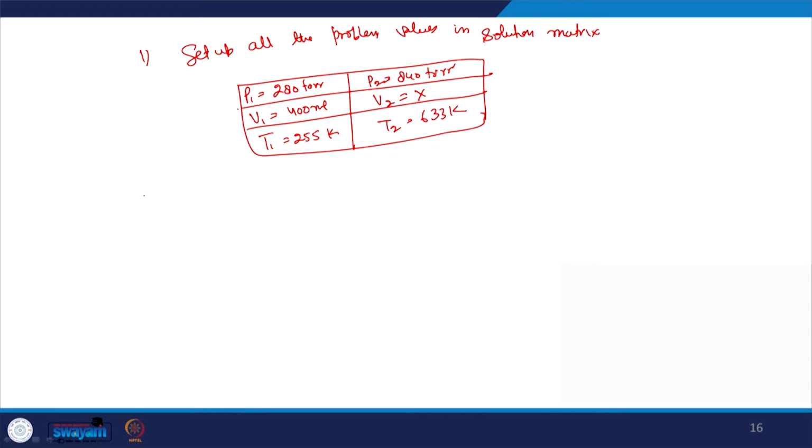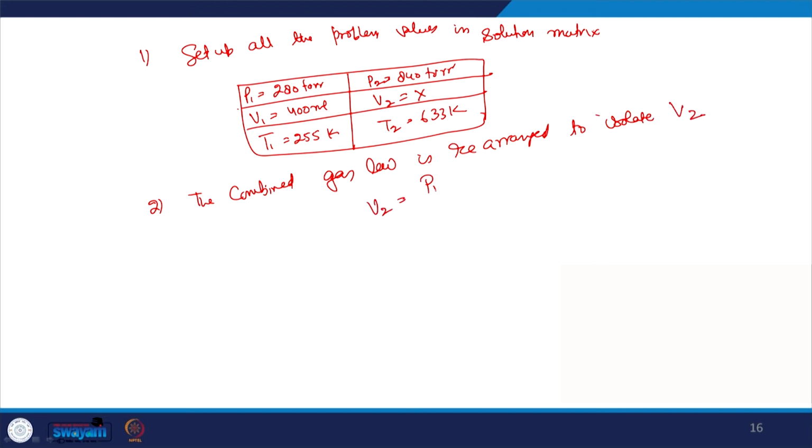So, the second step is that the combined gas law is rearranged to isolate V2. So, V2 is equal to P1 V1 T2 over P2 T1, and that is 280 into 400 into 633 upon 840 into 255.